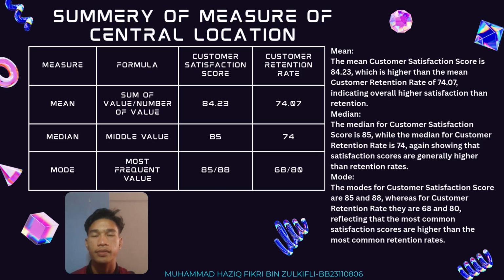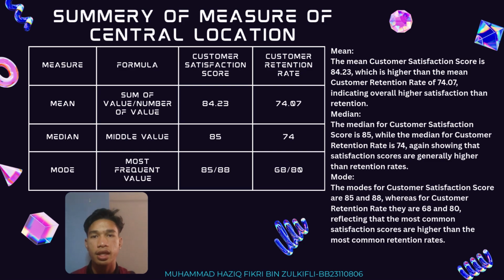Next, the median. The median satisfaction score is 85 and the median retention rate is 74. Again, satisfaction scores are generally higher, the same conclusion drawn from the mean. Finally, the mode. For satisfaction, the most frequent scores are 85 and 88, while for retention, the modes are 68 and 80.